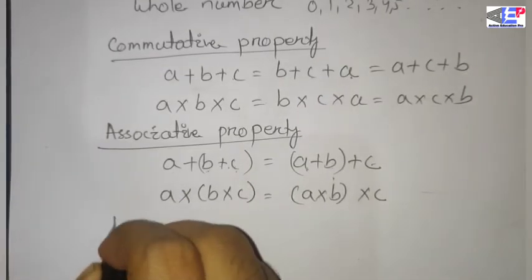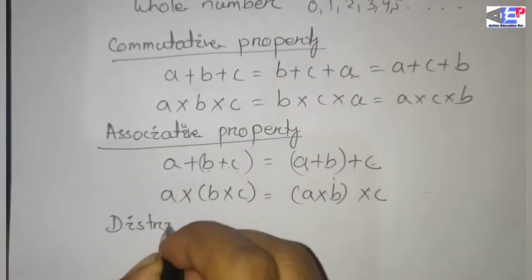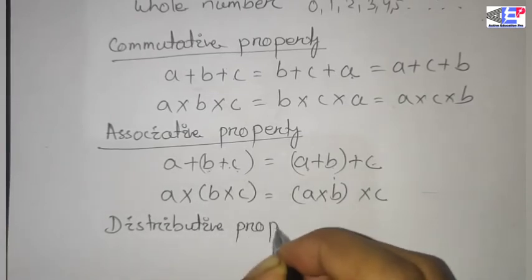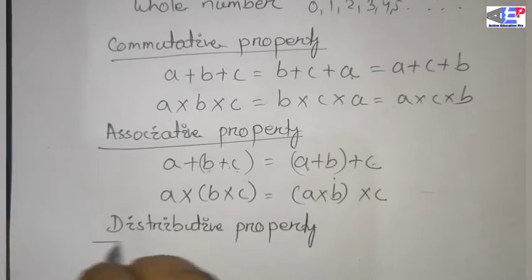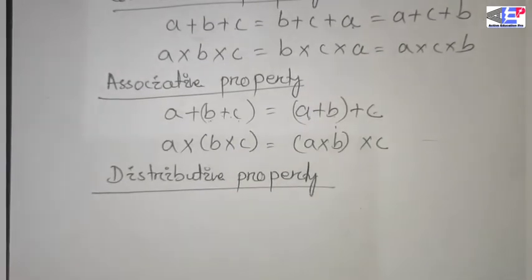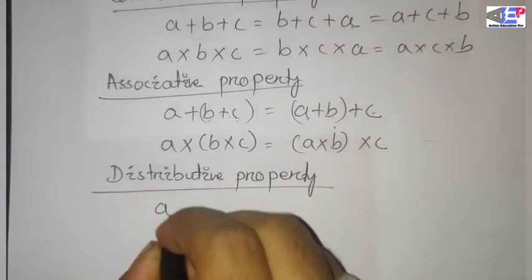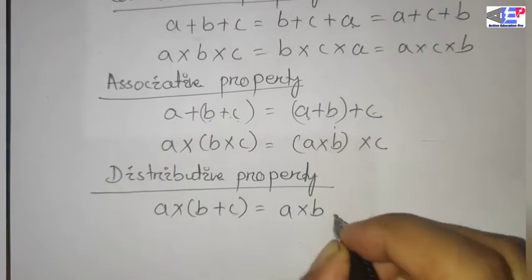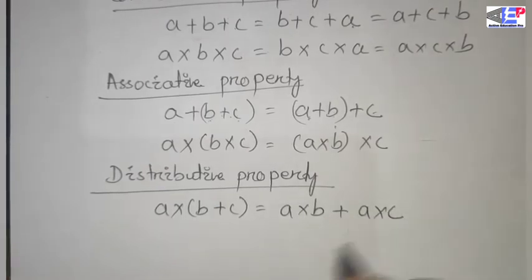Then another one is distributive property. Distributive means to distribute. It is only applicable for multiplication. a into b plus c is equal to a into b plus a into c.